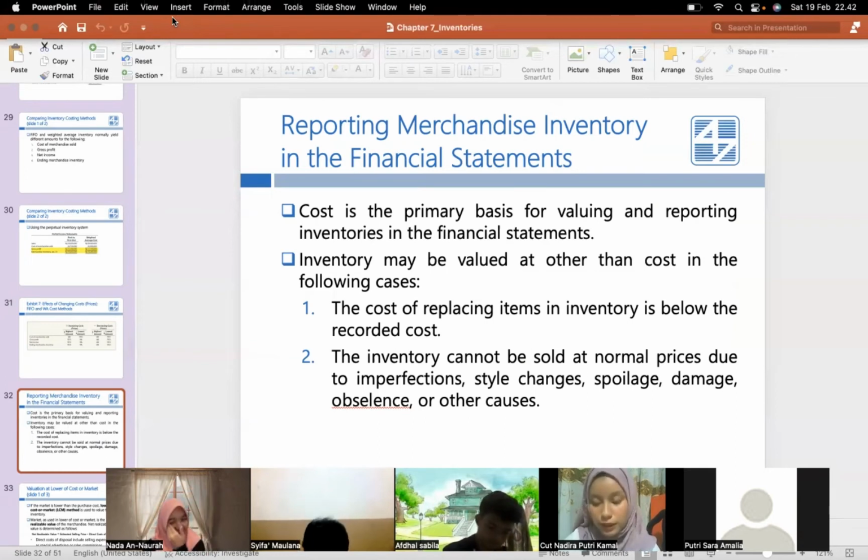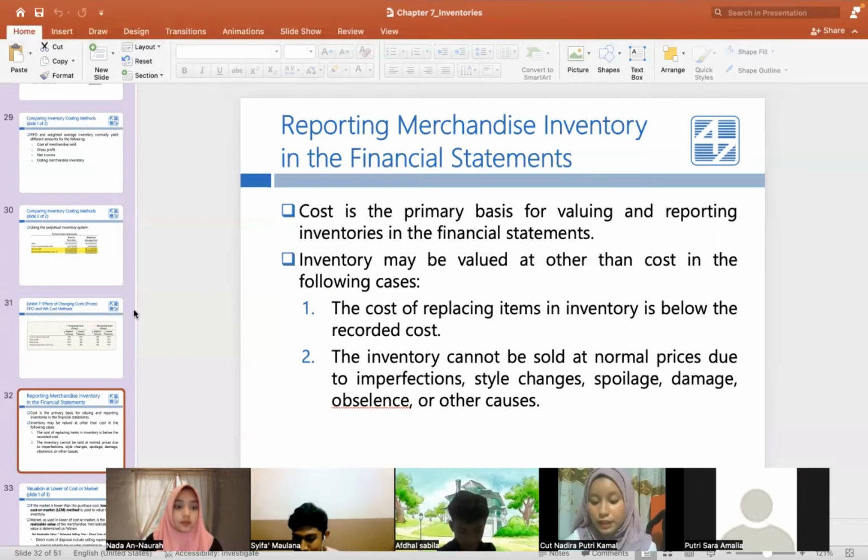Okay, I will explain about reporting merchandise inventory in the financial statement. So cost is the primary basis for valuing and reporting inventory in the financial statements. Inventory may be valued at other than cost in the following cases. The first one is the cost of replacing items in inventory is below the recorded cost.